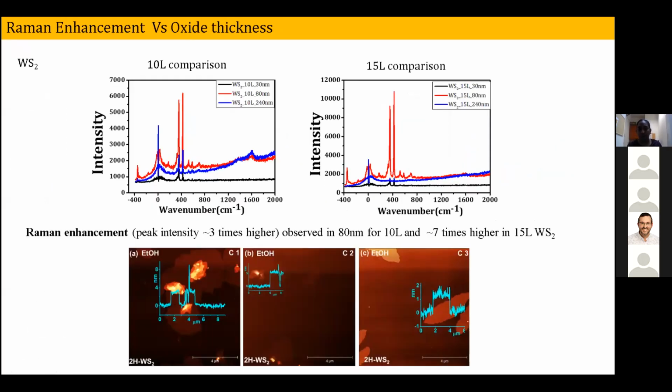We have drop cast different layers of tungsten selenide, here a 10-layer comparison and a 15-layer comparison. And we can clearly see that for an oxide thickness of 80 nanometers, we see 3 times higher enhancement. And for the 15-layer, we see close to 6 to 7 times enhancement.